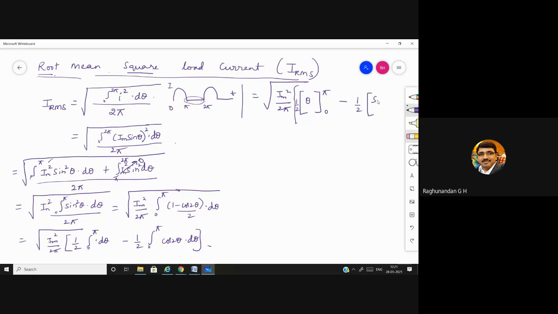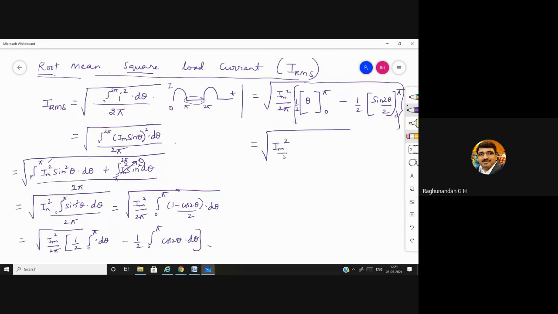This becomes sine 2 theta by 2 from pi to 0. So after this, what is sine 2 pi? 0. Sine pi, sine 0, 0. So that's why we'll have only this first part.